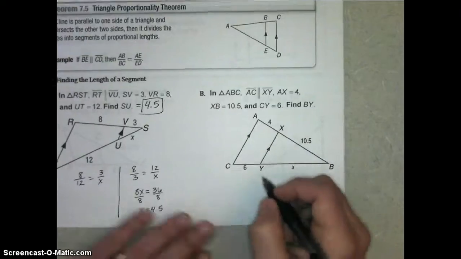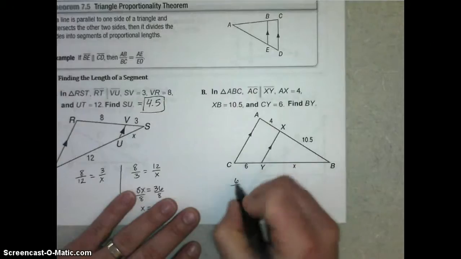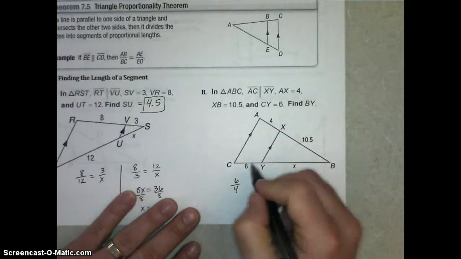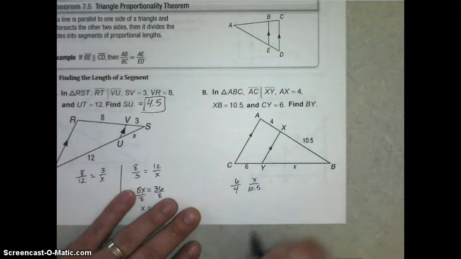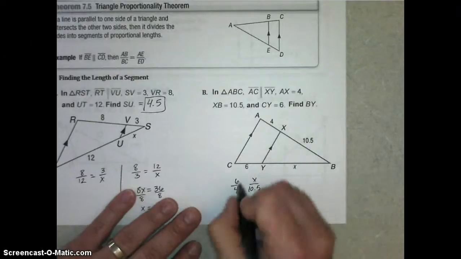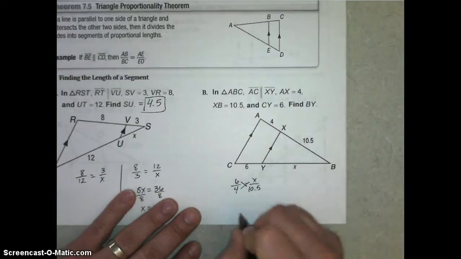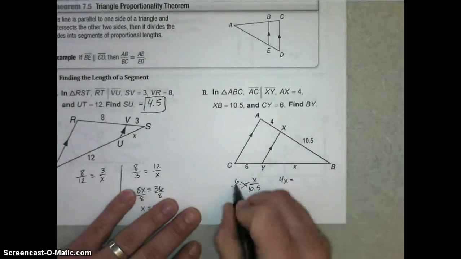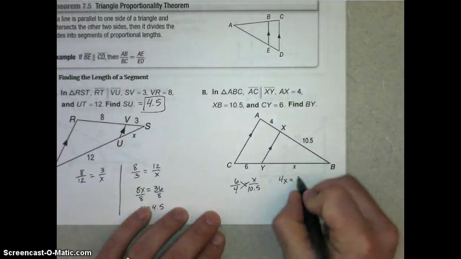Alright, this is the proportion we should get. 4 over 6, or 6 over 4, since I wrote it backwards, let's start with that. 6 over 4 is the same as x over 10.5. That's not the only proportion that you could write, but when you do write your proportion, you should still get the same cross product, that 4x equals 6 times 10.5, or 63.